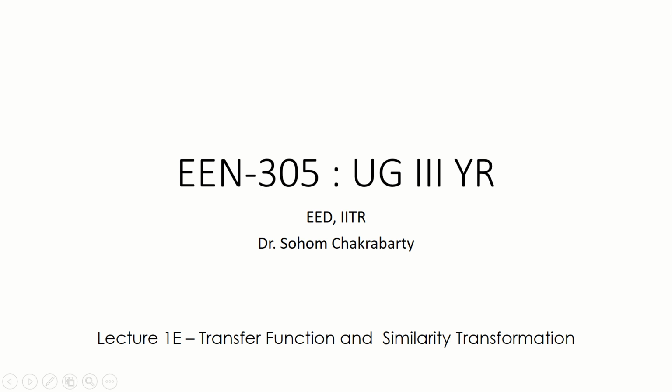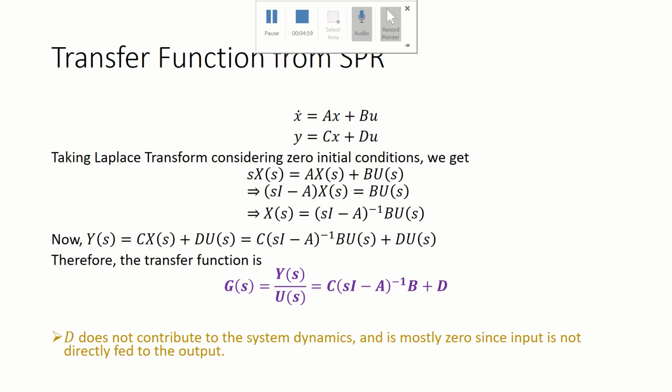That is what we will explore, and that would take up the first part of this particular lecture. So here we see the relationship between the state space matrices A, B, C, D and the transfer function G(s). So let us see.